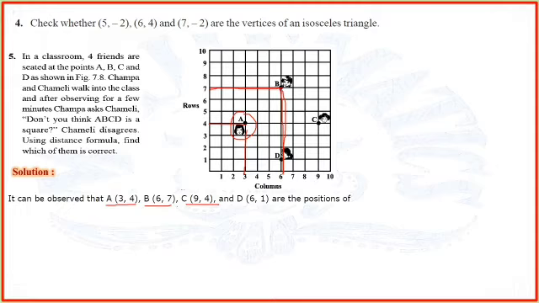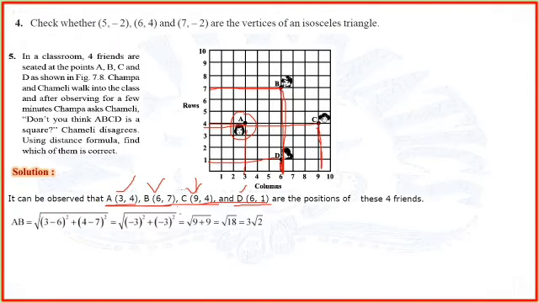Then C, the value of x is 9 and the value of y is 4. Last D, the value of x is 6, the value of y is 1. So we got these coordinates of 4 vertices, the positions of these 4 friends. 4 friends are sitting at these vertices.